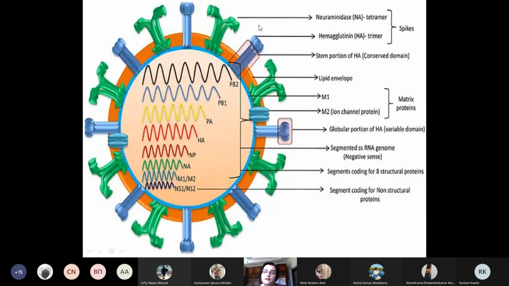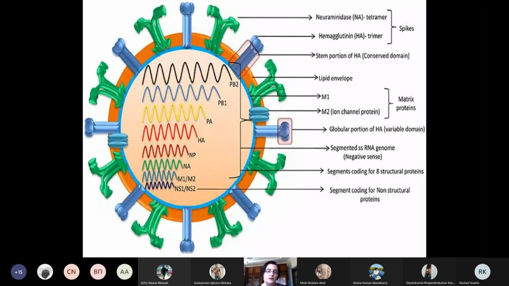The remaining 20% or so of the glycoprotein spike consists of neuraminidase, which is thought to be predominantly involved in facilitating the release of newly produced virus particles from the host cell.